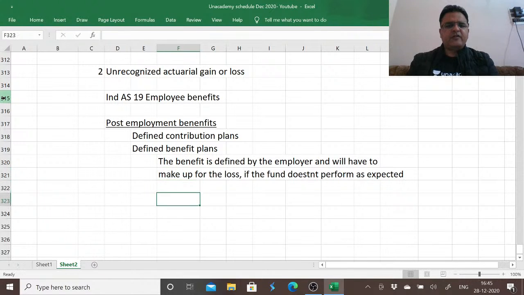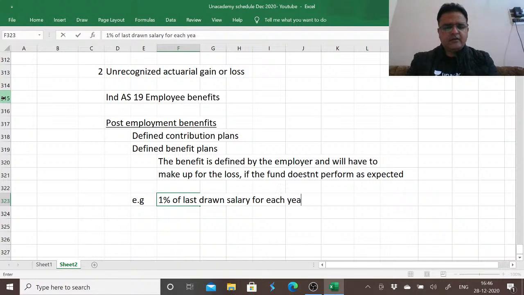The example of the defined benefit could be 1% of last known salary for each year of completed service.